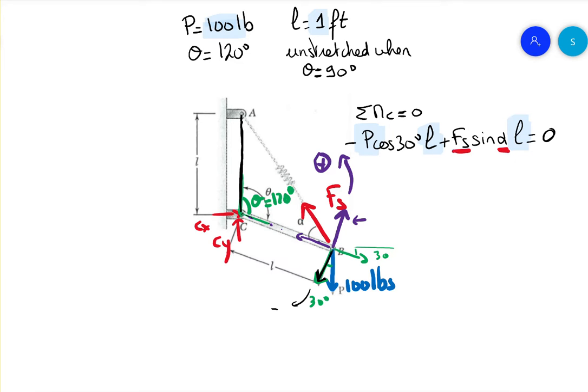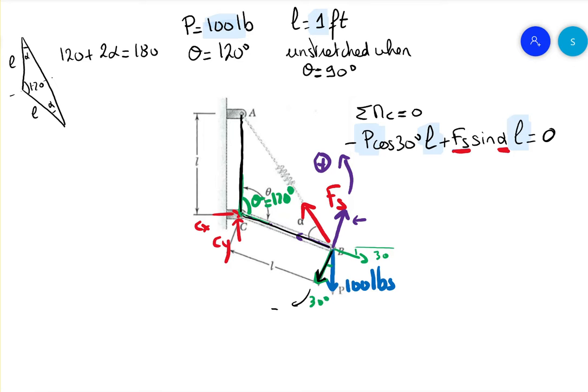Let's look at this triangle. We have 120, we have L, and we have L. So that's an isosceles triangle. That means that both angles are the same on both sides, alpha, right? So we have 120 plus 2 alpha, that is equal to 180.